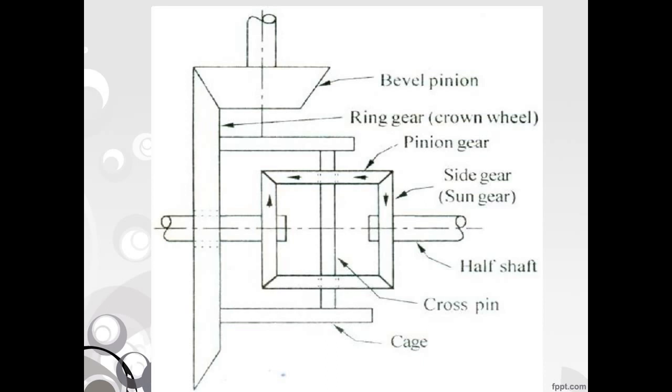To permit this, the two differential pinion gears rotate on their axes. This allows them to pull on both axle side gears while at the same time compensating for the difference in speed by rotating around their shaft. This is the working of the differential.